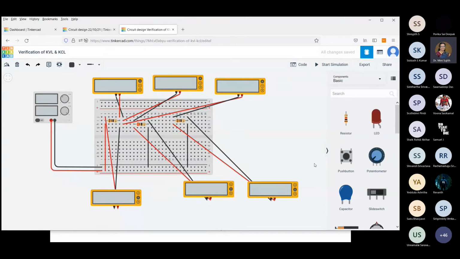Okay, please look at the circuit. I'm explaining the connections with the help of the cursor. Ma'am, you are muted. Okay, no problem. Somebody muted me also.